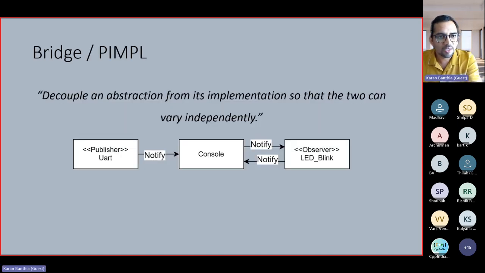Now, bridge will go next to bridge. So decouple an abstraction from implementation so that the two can vary independently. Again, coming back to our notify example, see, we have so many notifications. So probably once we send a notification to an LED blink task, which is an observer, this is the subject or the publisher, I would expect an acknowledgement from LED blink.